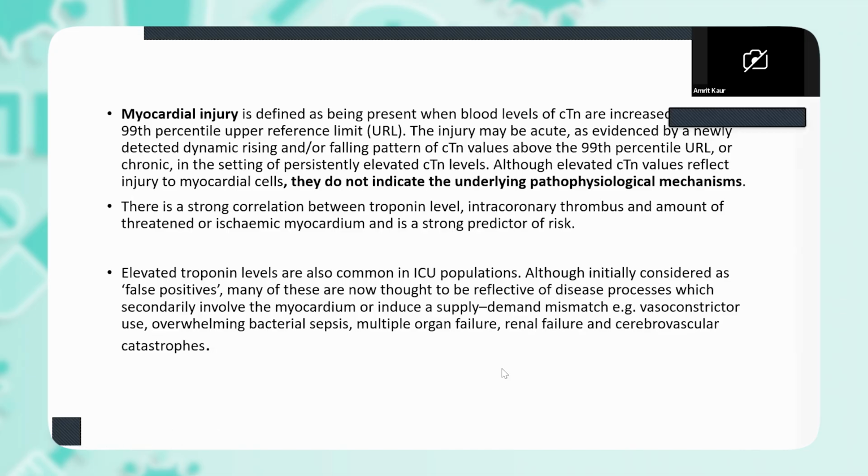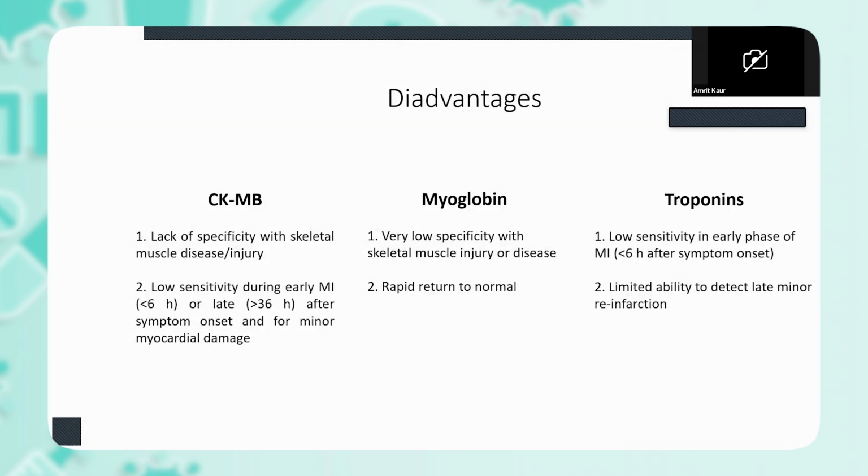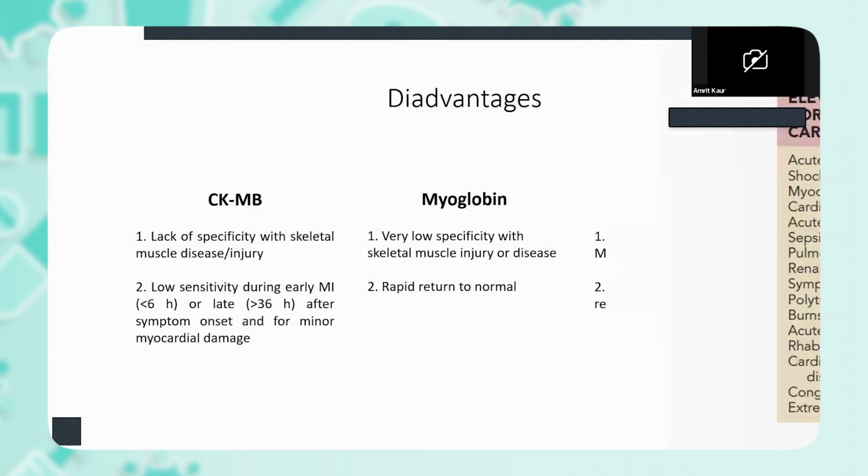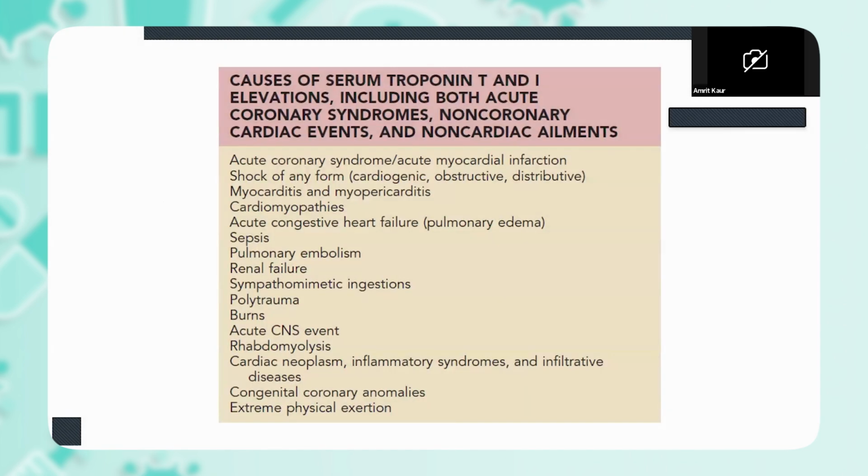And be mindful of the situations in which your enzymes can be elevated. The conditions most commonly that we come across are shock and sepsis, especially in ICU patients. Troponins can be elevated. It doesn't mean that the patient has an MI. It could even be increased in obstructive shock, distributive shock, myocarditis, heart failure, pulmonary embolism, and renal failure, especially since troponins are excreted from your kidneys.